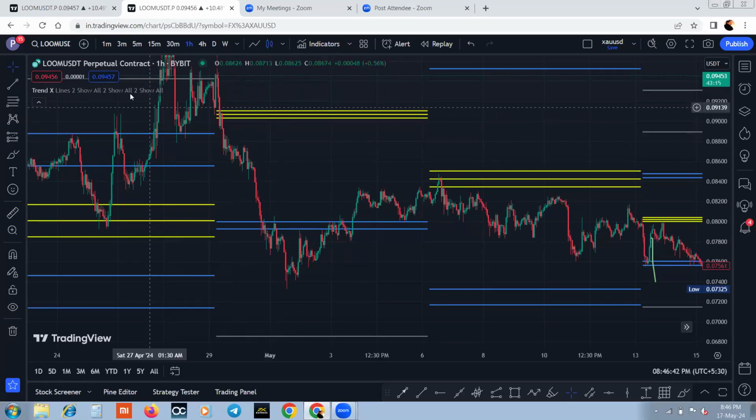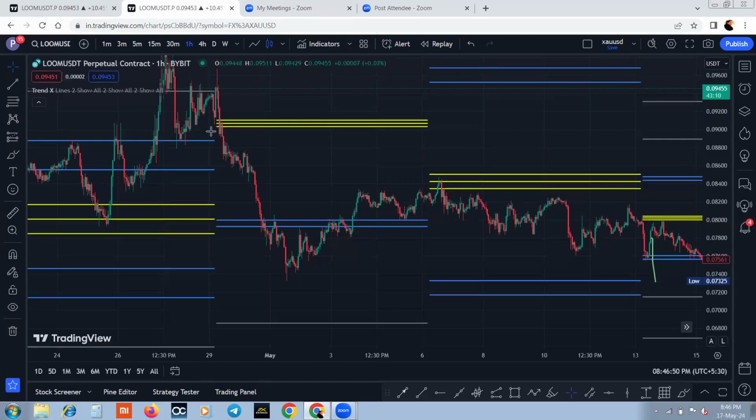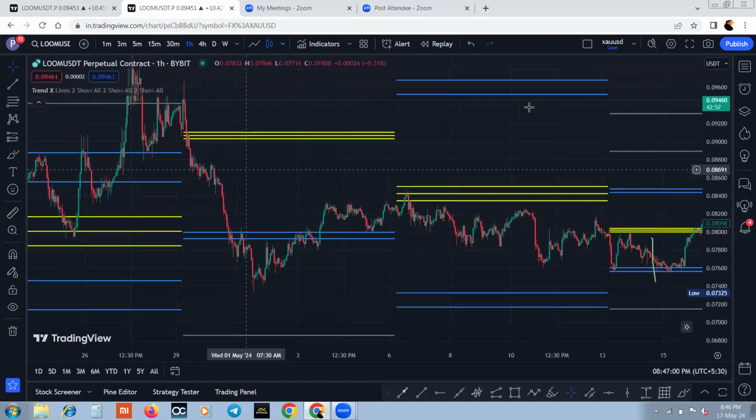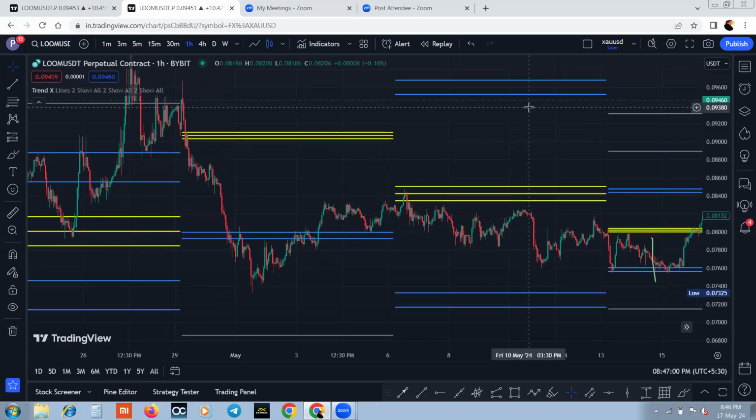So Monday, your wish list is this: from today, this week I have to try to take the short position only in this token. So start using this. Apart from this, if you have any other token you want to take, you can take that, but you have to keep one eye on this.